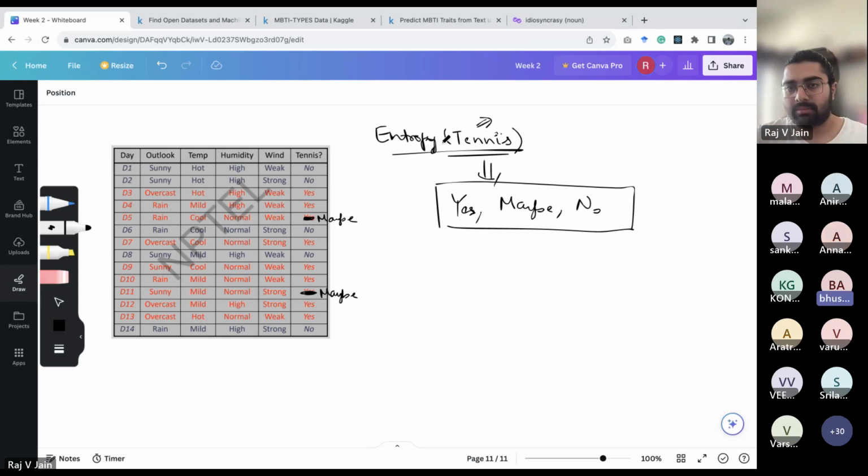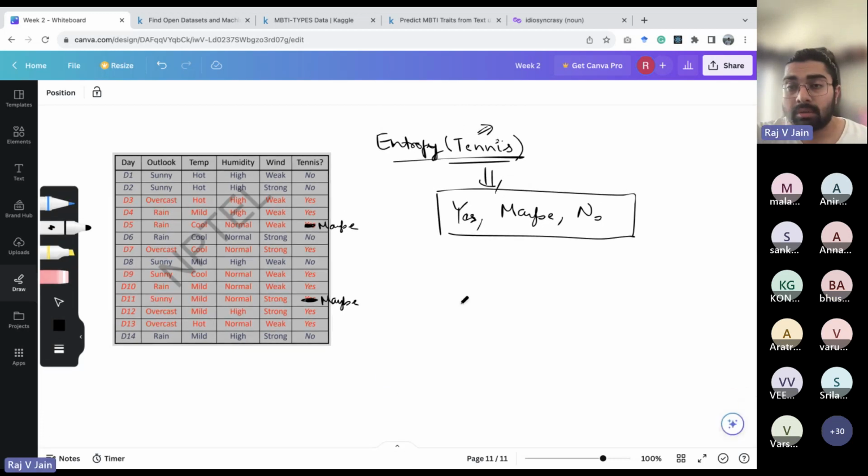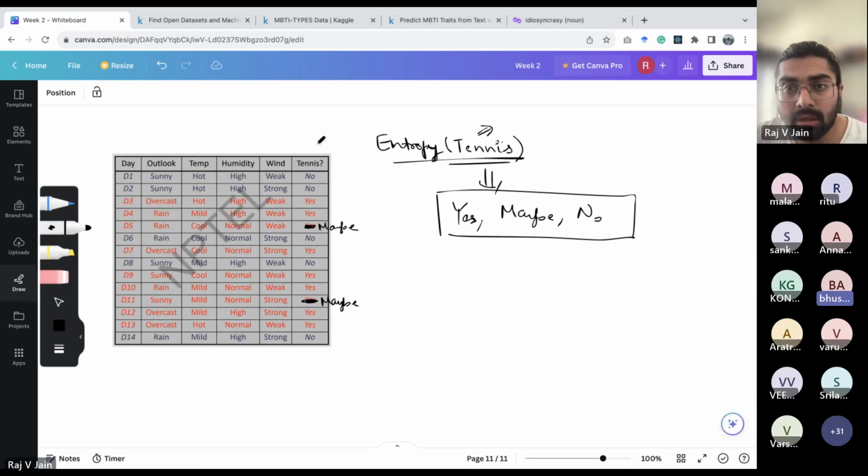By assigning probabilities to maybe? Right. And the probability will be?